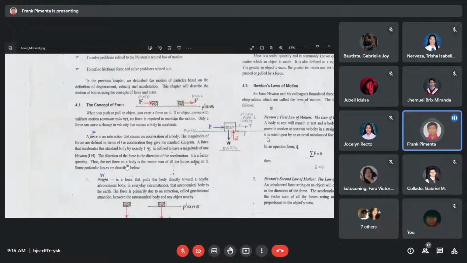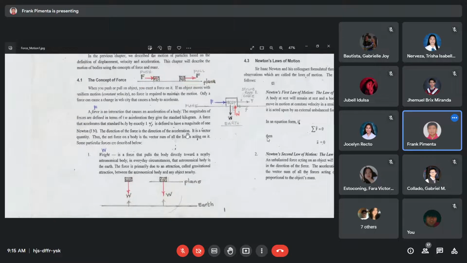And what are the other forces involved? Here, we have the weight of the body. Weight is denoted by capital letter W, and it is defined as the force that pulls the body directly towards the Earth, because Earth is an astronomical body.